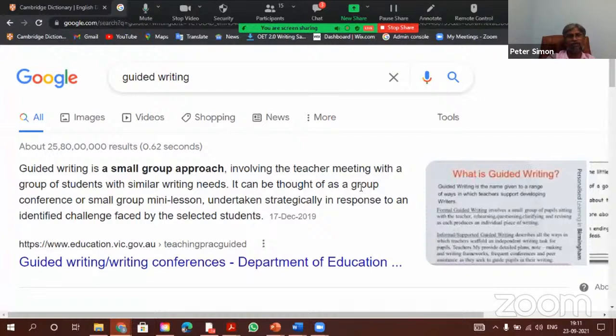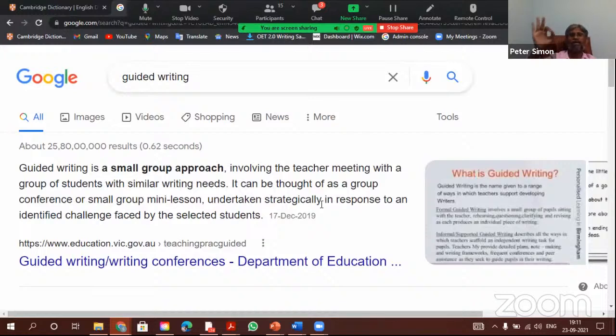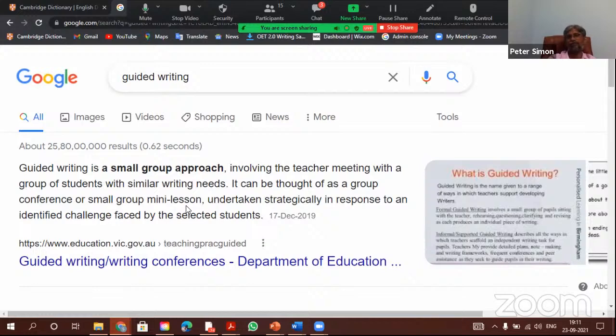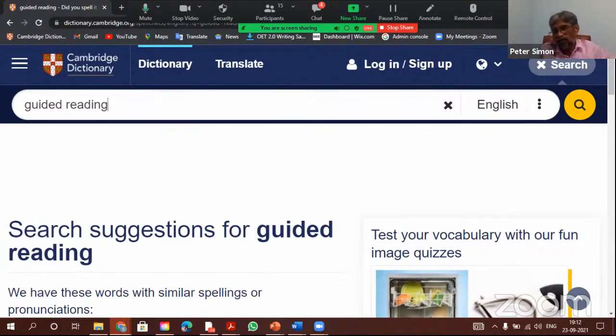It can be thought of as a group conference or a small group mini lesson undertaken strategically in response to an identified challenge faced by the selected students. That means you are facing challenges in writing sentences and grammar, so those are what we are following. That is what is called guided writing. So that's what we are doing. I'm giving one sentence, you are learning the other sentences. You are trying to parrot, imitate, or learn using the similar style. Just by changing the words, the style automatically goes into your brain and gets fixed.